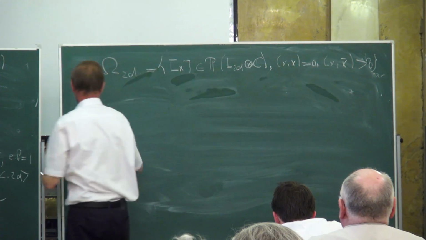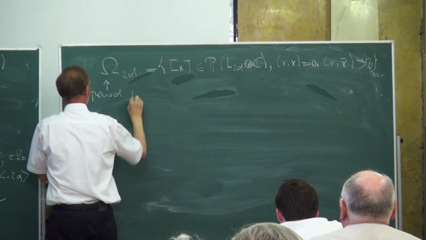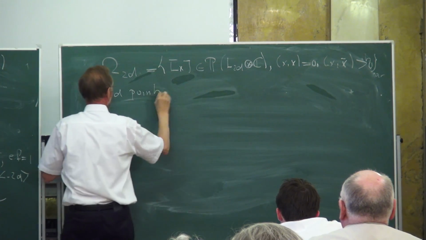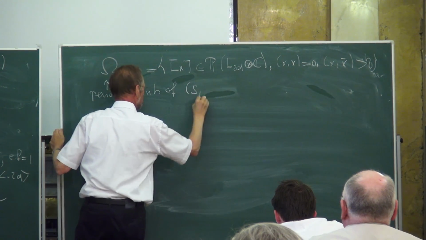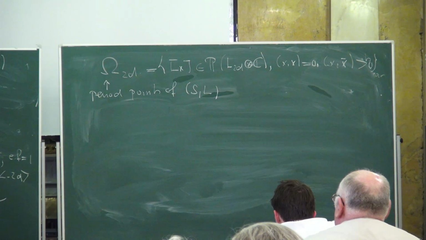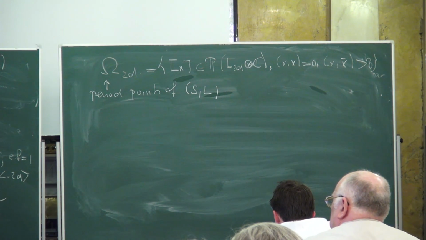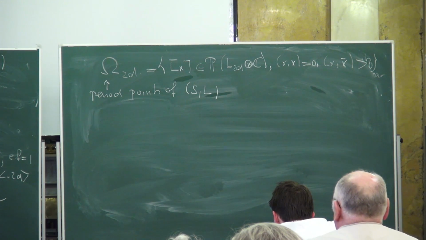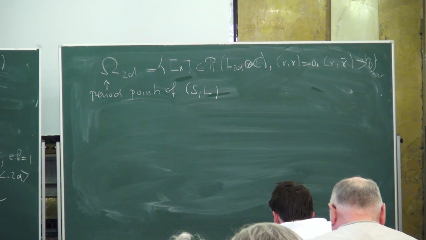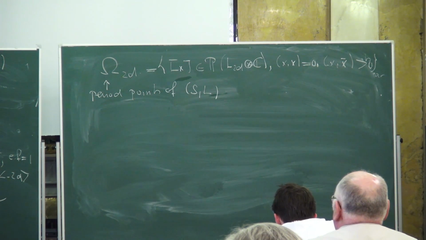And now my period points of this polarized K3 surface with a marking with this property will land in that domain. And again, every point in that domain will be the image of some suitable polarized K3 surface, if polarization is understood as big and nef.